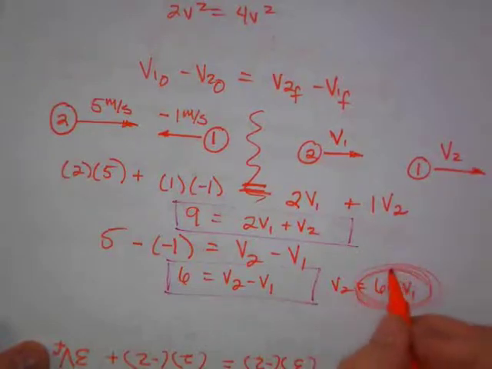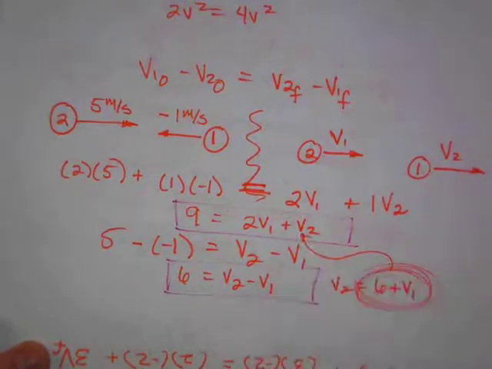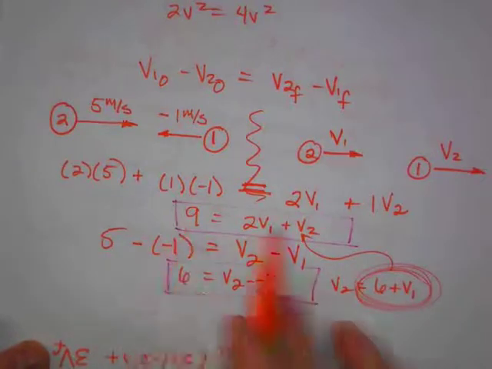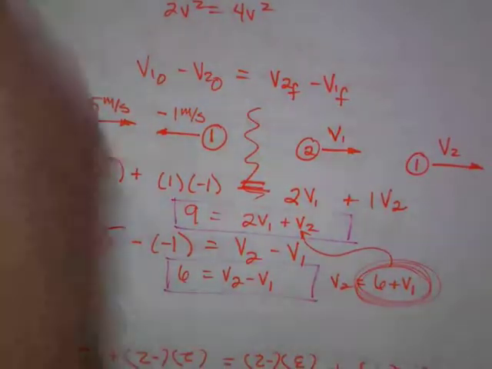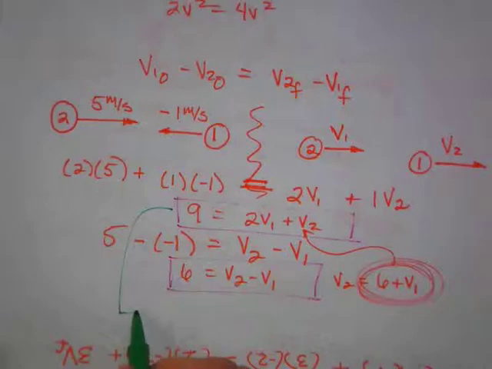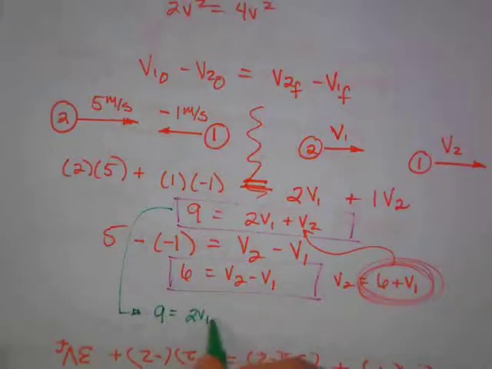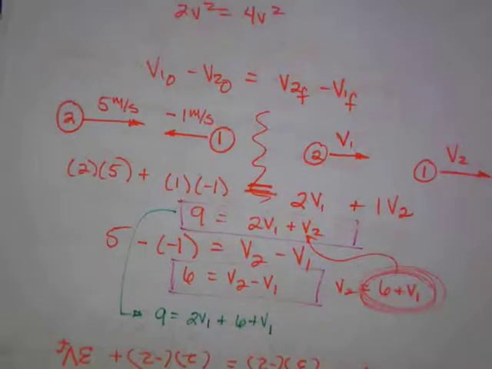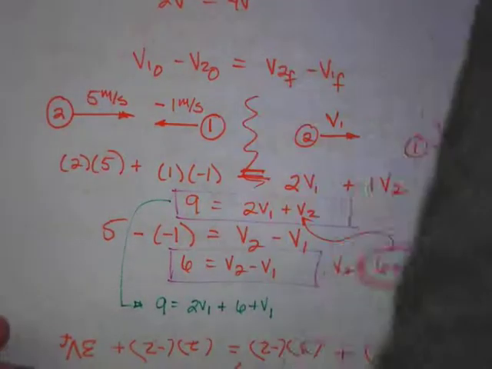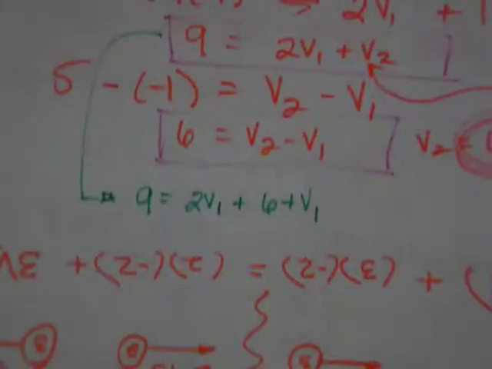Yep, 6 plus v1. And then I'm going to substitute that right here. And then this equation will become 9 equals 2v1 plus 6 plus v1.